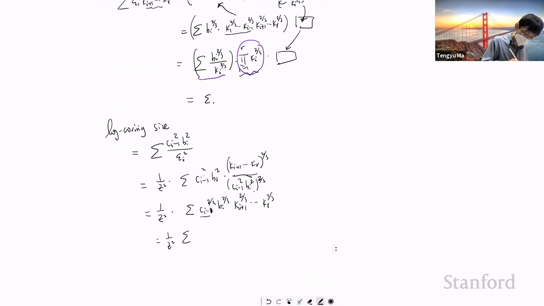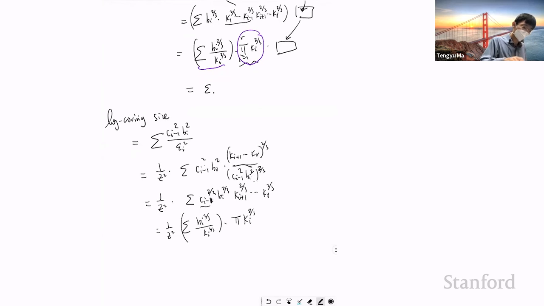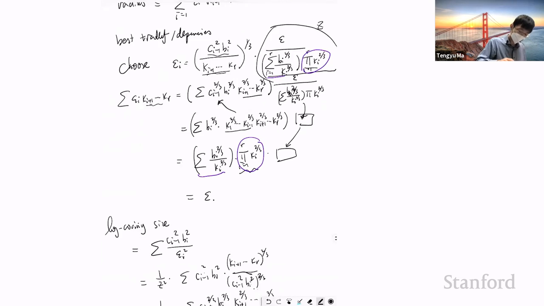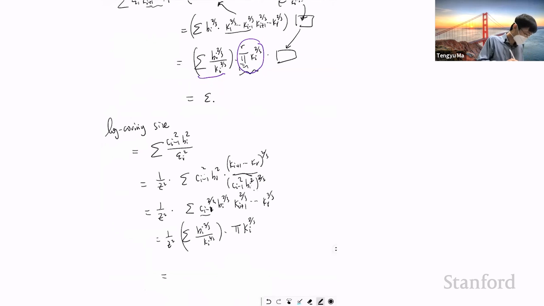I think you plug in the definition of C_{i-1}, then you get b_i^{2/3} over kappa_i^{2/3} times the product of kappa_i^{2/3}. And now you use the definition of Z, which is this gigantic constant. And eventually, I think you get, let me not do that carefully, but eventually you get this.